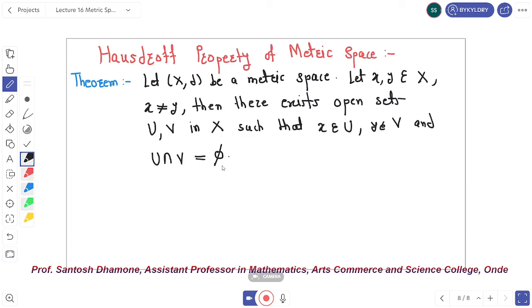Let small r be equal to the distance between x and y, d(x,y). Clearly r is greater than 0, since the distance between x and y is greater than 0.